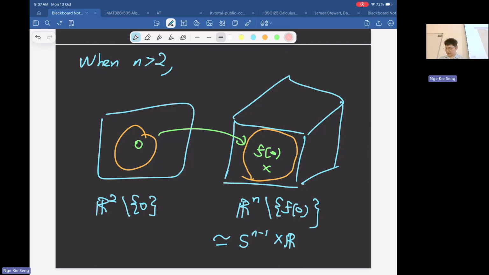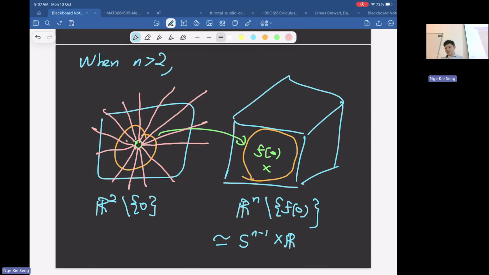We just consider all these paths. You think of rays radiating radially from the point you remove. For the sake of simplicity, you can think of it as the origin. So you see there are so many copies of R, real numbers.